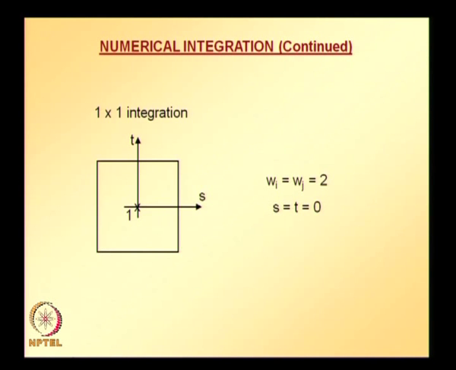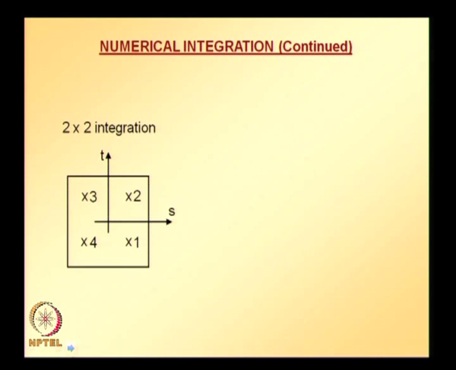So, the location of the Gauss point is going to be 0, 0, and the weight in the s direction is 2, weight in the t direction is 2. So, total weight is going to be 2 times 2, 4. So, this is for 1 by 1 integration.